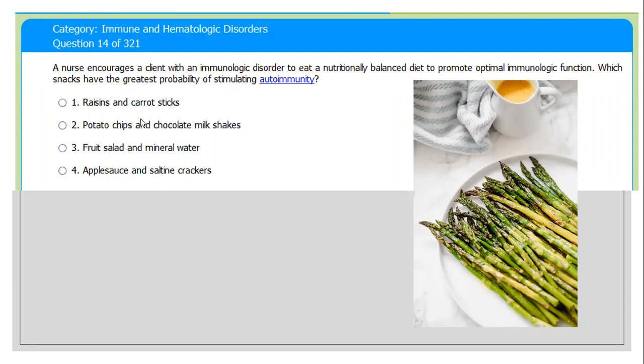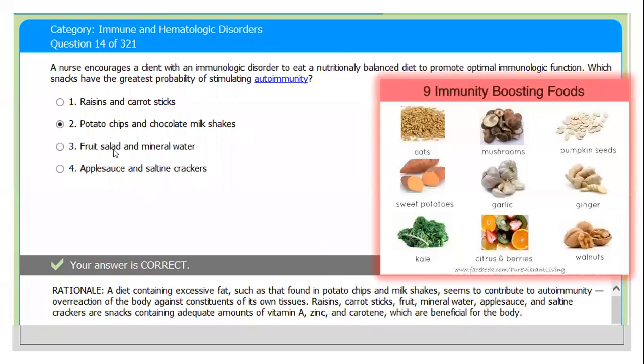Number one, raisins and carrot sticks. Number two, potato chips and chocolate milkshake. Number three, fruit salad and mineral waters. And number four, crackers. The correct answer is potato chips and chocolate milkshakes.